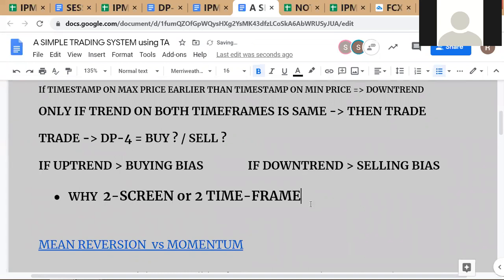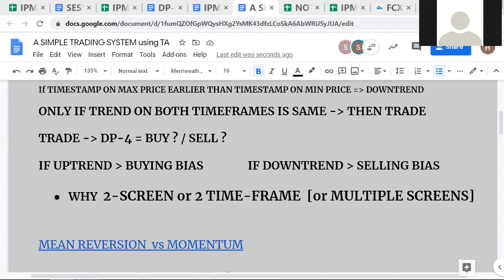And this can be two or multiple time frames. Okay. So I've just given an example of two, but it need not be two. It can be even multiple time frames. You could look at, like for instance, we had discussed some of the Wander charts, which I'm pulling up now.